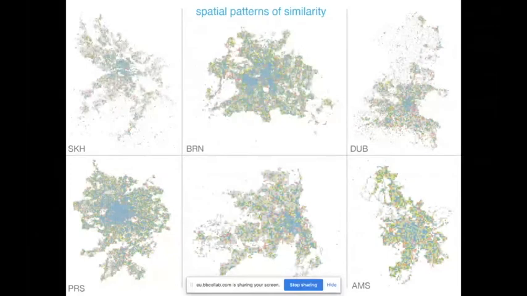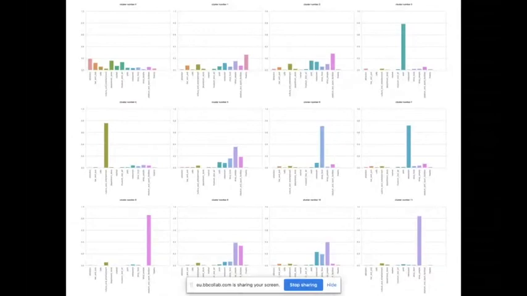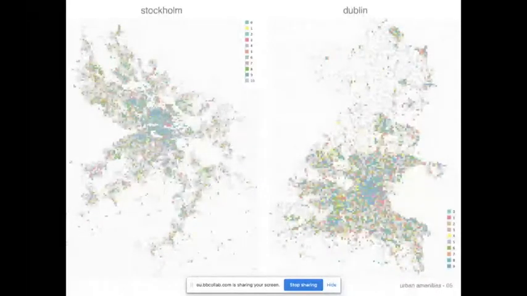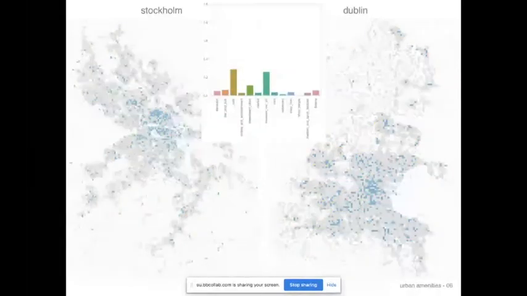So you can see that the spatial patterns are coming out of the analysis, and for each cluster we can actually plot the distribution showing the typology and variety of different amenity typologies present in each area. Now, for example, if you took a couple of cities like Stockholm and Dublin, you can see that similar labels are placed in the center of the city, and then there is more variety across the outskirts of the cities.